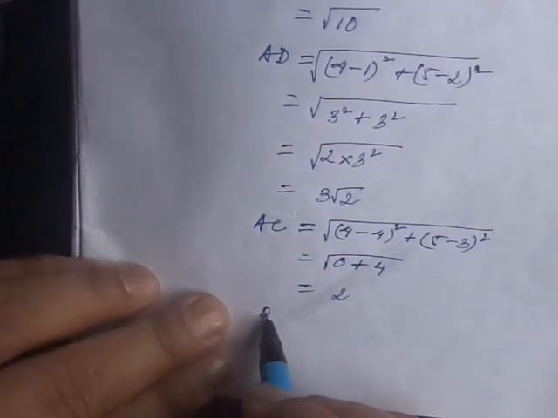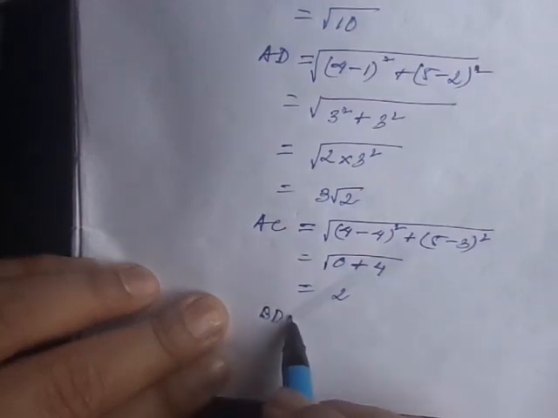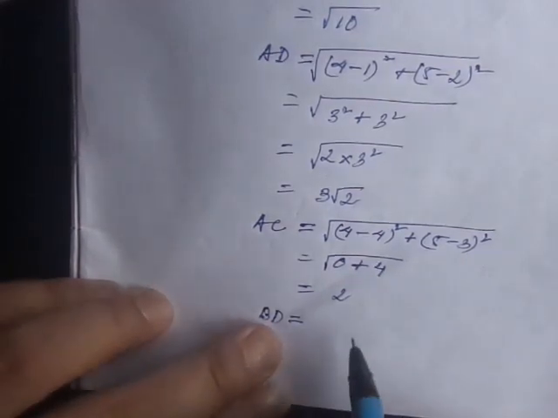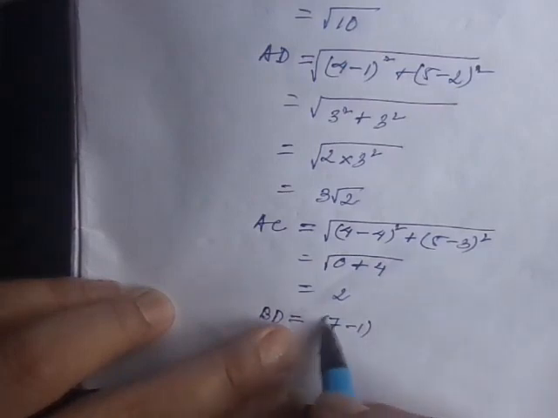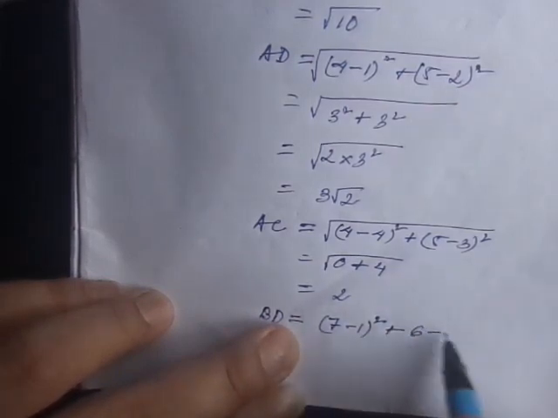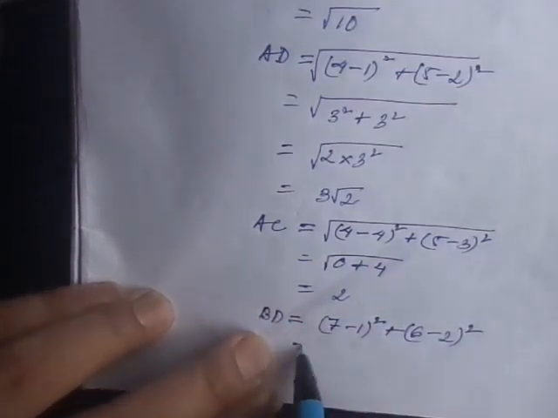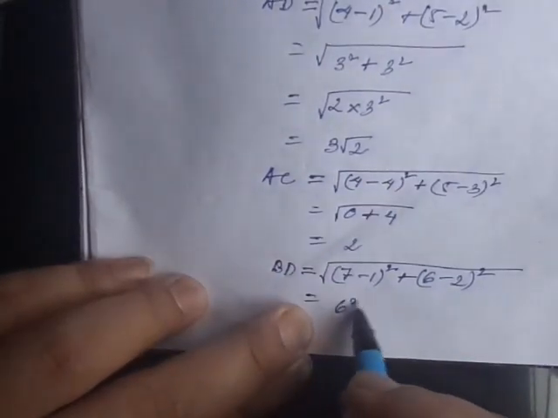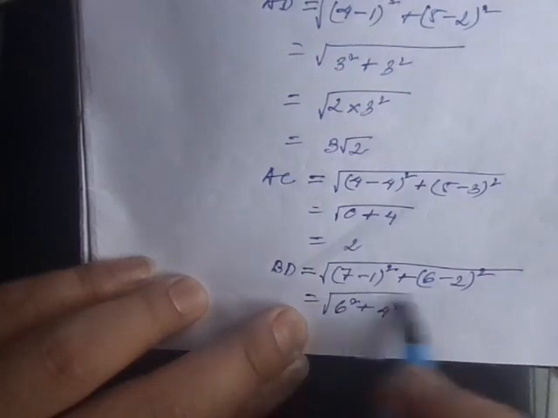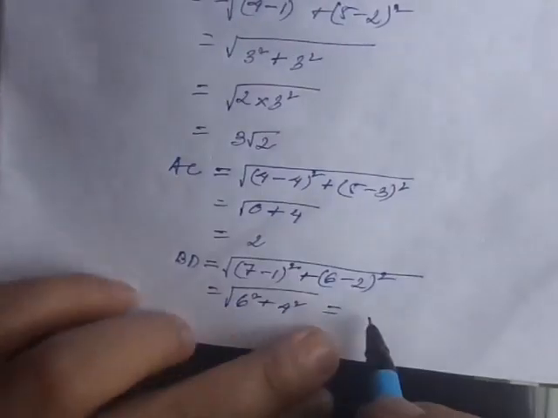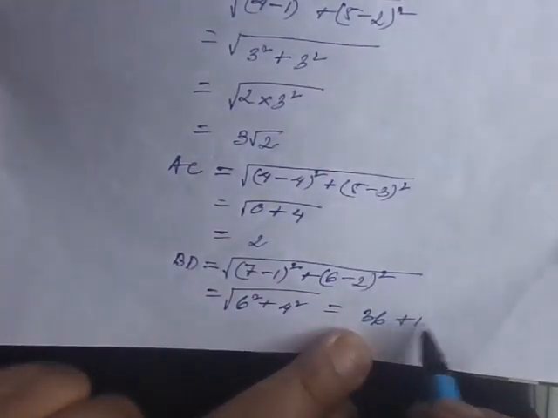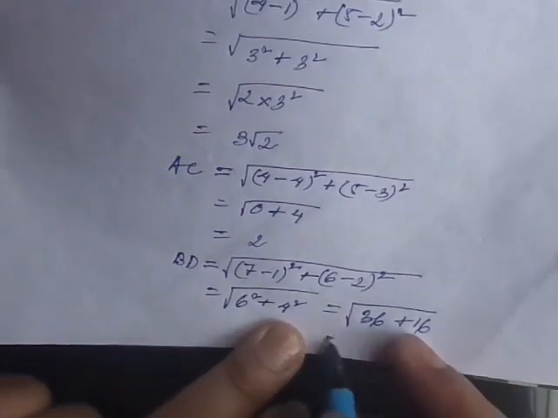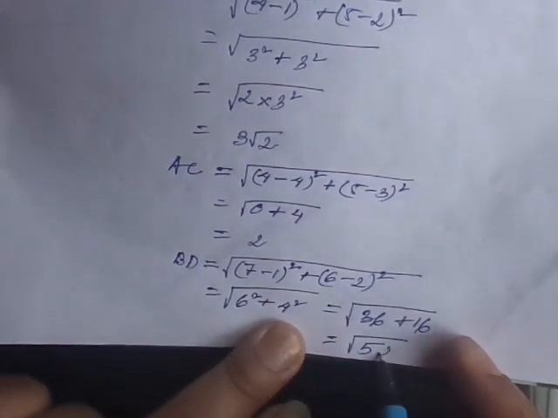Then BD is equal to 7 minus 1 whole square plus 6 minus 2 whole square, which is 6 square plus 4 square, so we get 36 plus 16, so root 52.